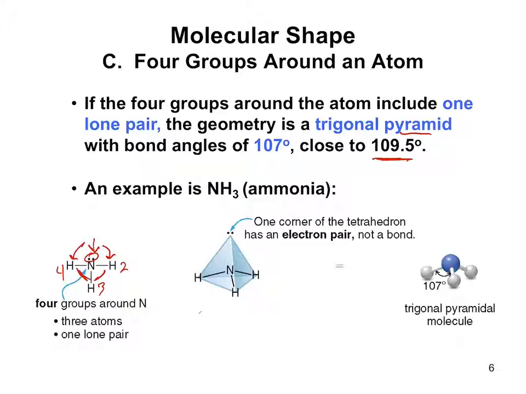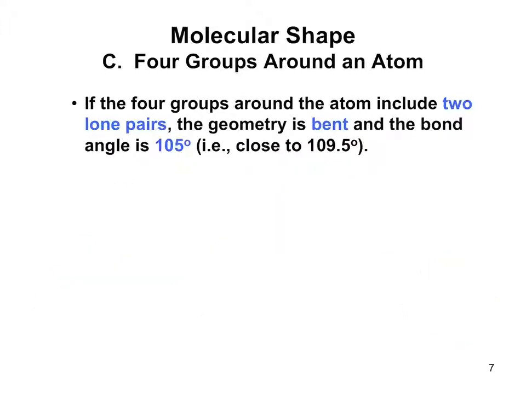Because we're interested in the angles between the central atom and the outside atoms, we're going to say that those angles are decreased a little bit. In this case, it's about 107 degrees. So anytime you have a lone pair of electrons on the central atom, you're actually shrinking down those bond angles just a bit. Okay, so that's ammonia. And so we say it's trigonal pyramidal. There's our pyramidal molecule with a 107 degree bond angle.